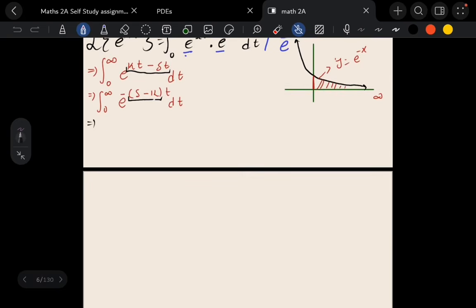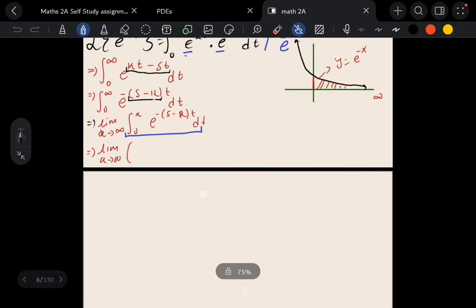We are going to say it is the limit as a, or any letter that you prefer, approaches infinity, of the integral from 0 to a of e to the power negative s minus k, t dt.